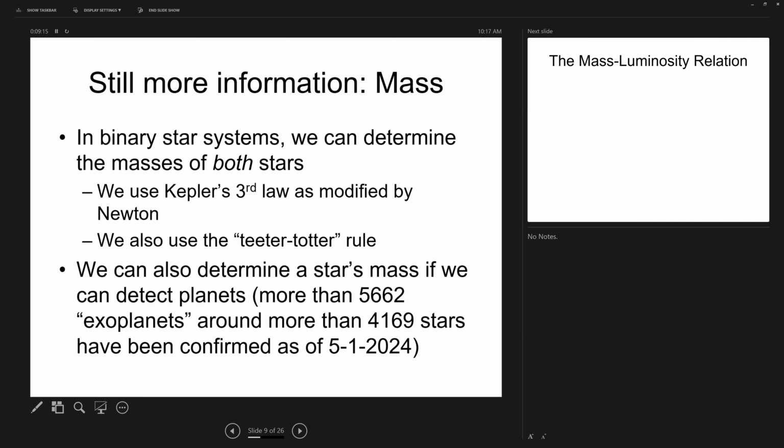By the way, exoplanets is a shortened word for what they used to be called, which was extrasolar planets. Extrasolar means around other suns or suns other than our own. So you may hear the term extrasolar planets, including out of me, or you might hear the word exoplanets.